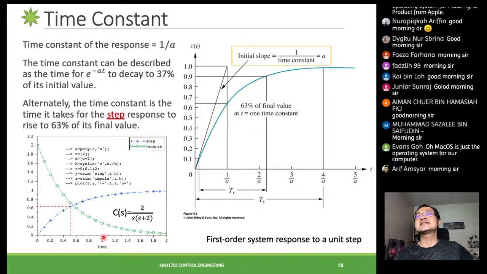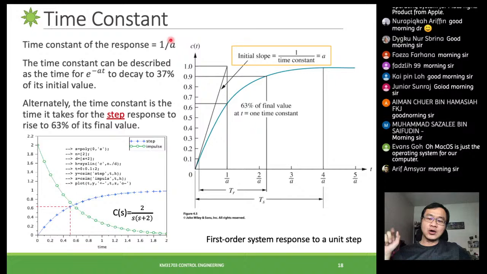It is referring to the response of your system to the time. Okay, and we define the time constant as 1 over a. Okay, remember previously we put time equals to 1 over a. Okay, and that is the time constant.